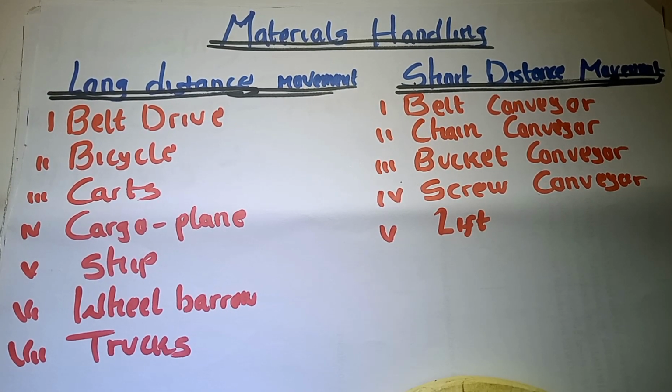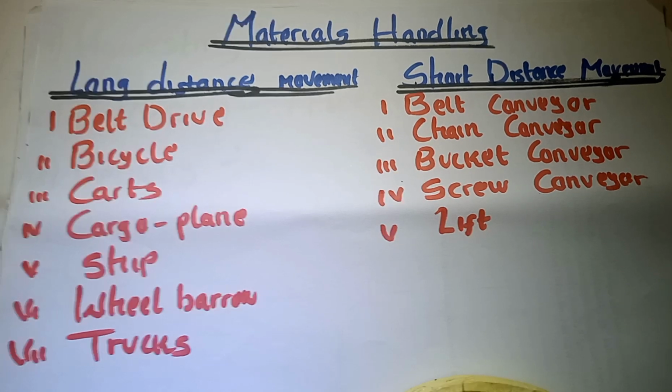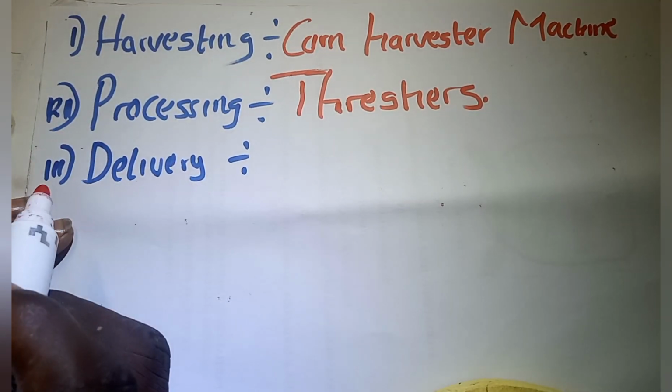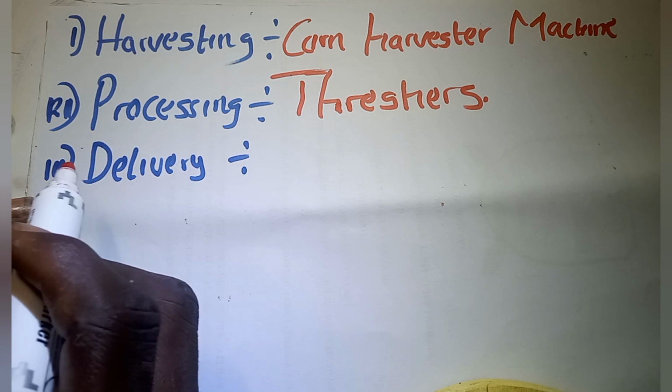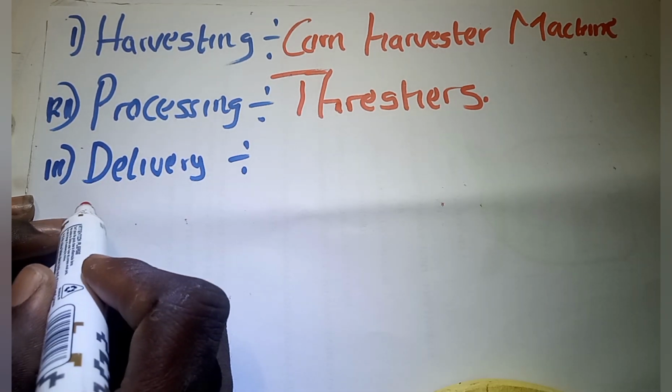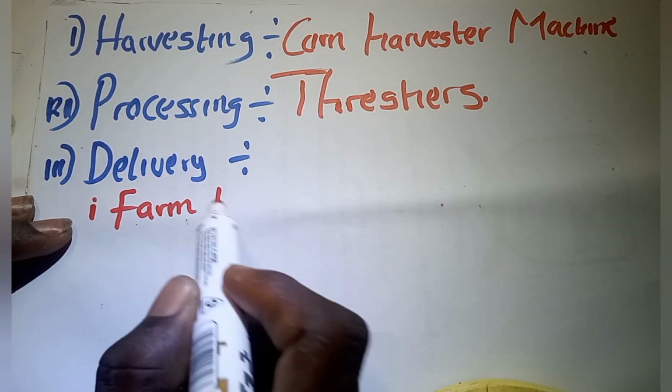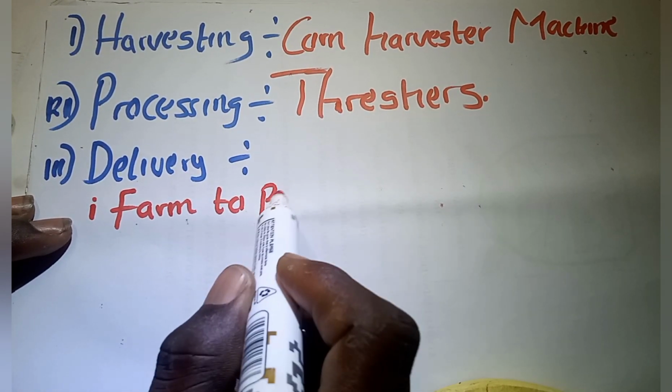So now, let's proceed with the question. The first thing I want you to do is to write the locations themselves and the distances respectively. I'm going to be having from farm to the processing unit, distance 1, farm to processing unit.